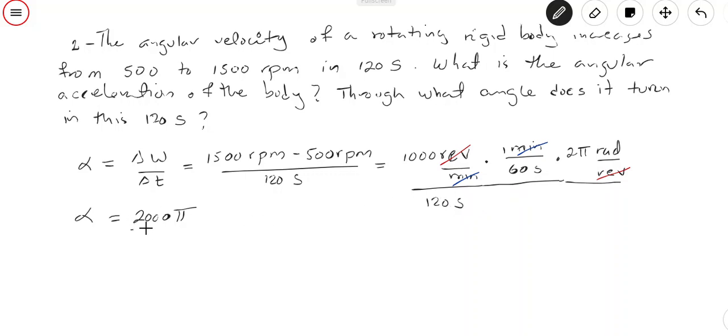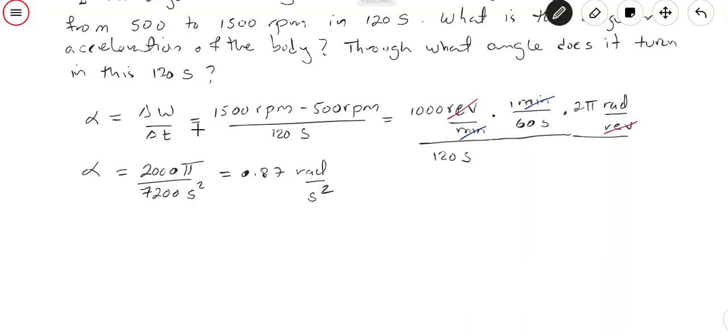So that would be 7,200 seconds squared, right? And if you divide 2000 pi over 7,200, that is going to give you 0.87 radians per second squared, and this will be in this case my angular acceleration.